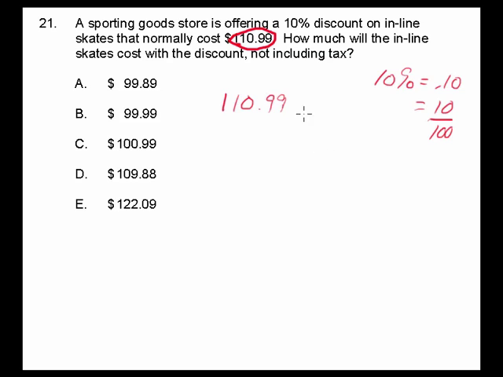So one way to solve this problem is, of course, just multiply this by 0.10 and punch that into your calculator, and of course you're going to get 11.099, and that rounds up to 11.10.